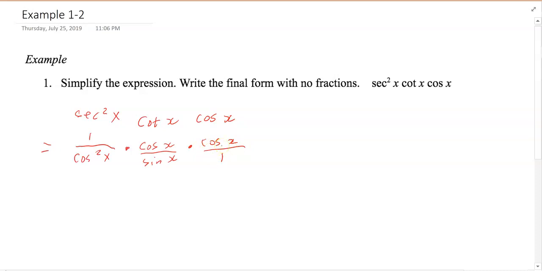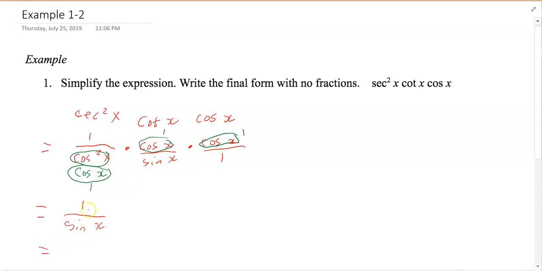Now let us think, can any of these things cancel out? If we have a cosine of x in the denominator and divide it into a cosine squared of x, we are left with a cosine of x. We have another cosine of x in our numerator, and another cosine of x in the denominator, so those cancel out. So what we are left with is 1 times 1 times 1 in the top, over 1 times sine of x times 1, so that's going to be sine of x.